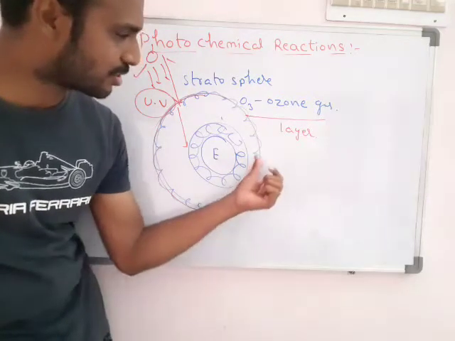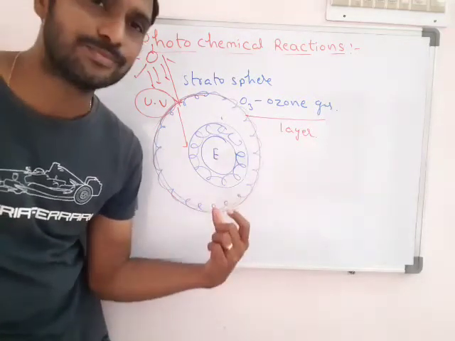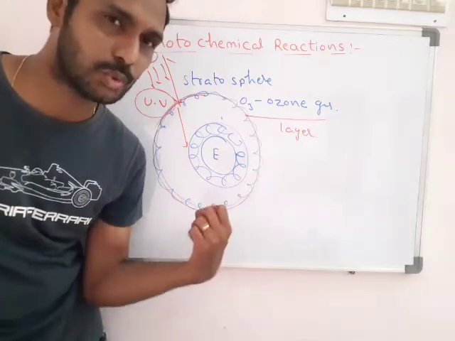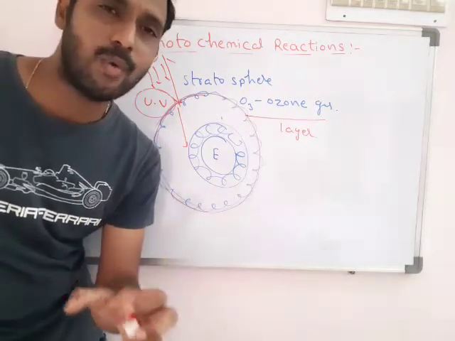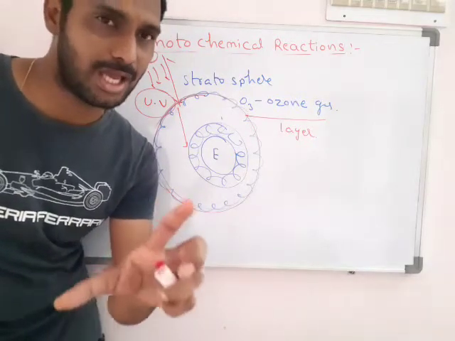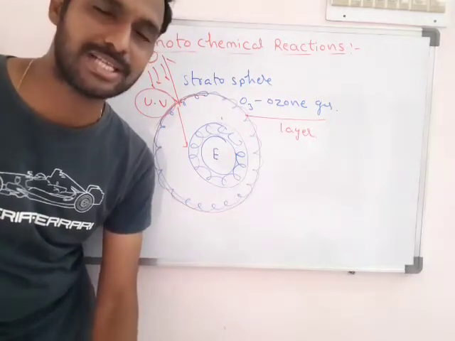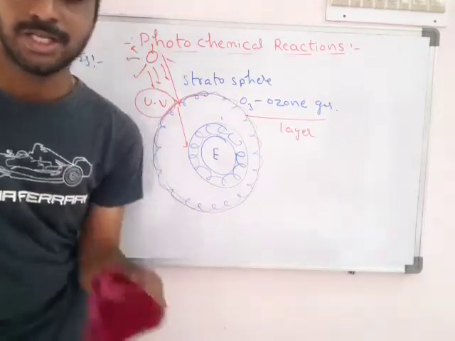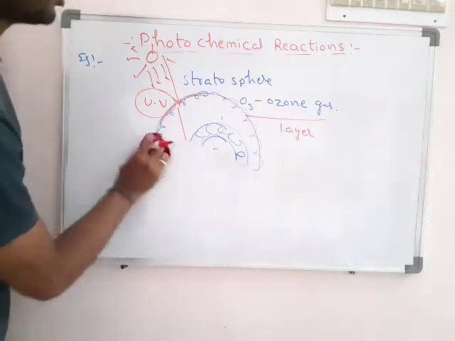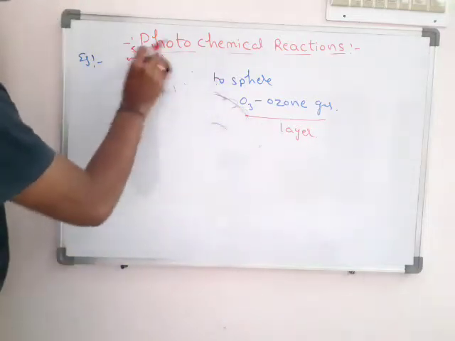So naturally the ozone layer stops that ultraviolet radiation coming from the sun to the Earth. It means we are safe on this Earth due to the ozone layer present in the stratosphere. Which type of photochemical reaction takes place there?